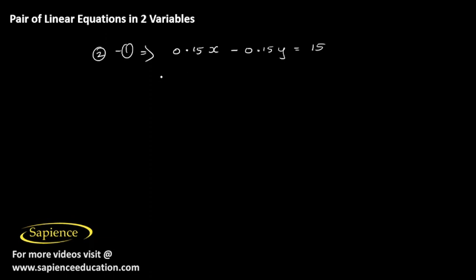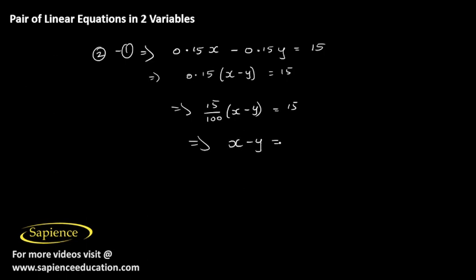In this equation, again we can take 0.15 common outside. So 0.15 into x minus y equals 15. 15 by 100 into x minus y equals 15. So x minus y equals 15 into 100 by 15. 15 will get cancelled, so x minus y equals 100.